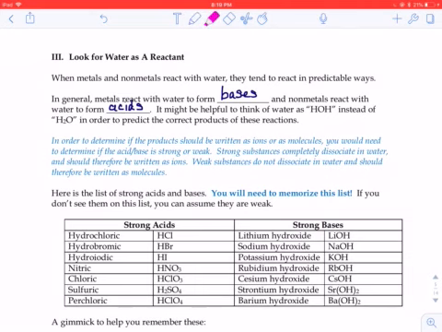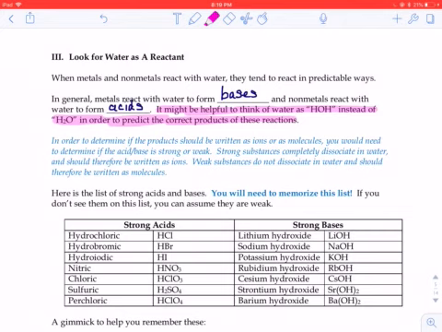This is a key trick here. It might be helpful to think of water as HOH instead of H2O in order to predict the correct products for these reactions. It's the same thing, right? Two H's and an O. But if you were to write water as H2O, a lot of times people write the products as being oxides.